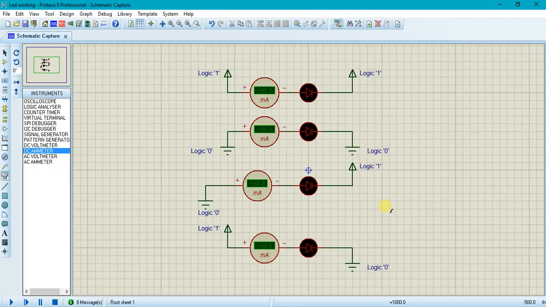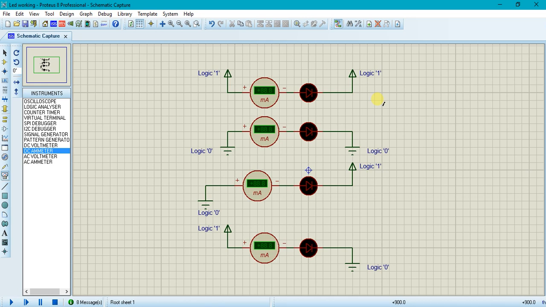See, I have made four types of connections. The first type of connection is here, where on the LED's anode I have connected a logic 1, that is plus 5 volts power, and on the cathode I have also connected logic 1. What will happen when logic 1 is connected on both the anode and cathode?